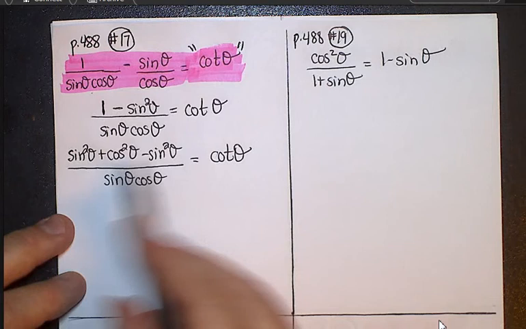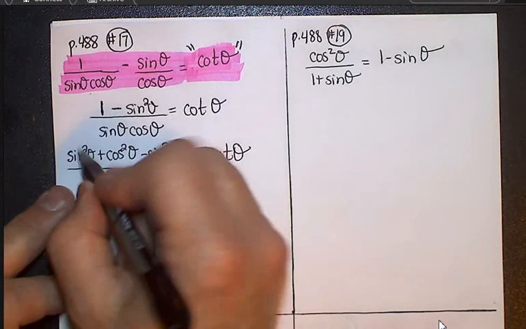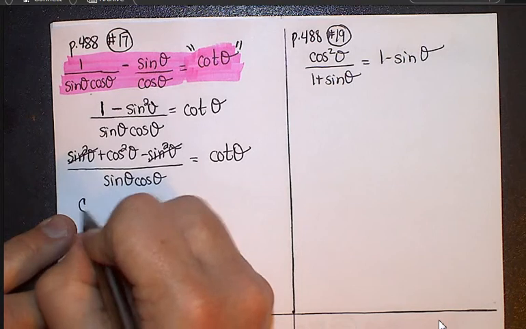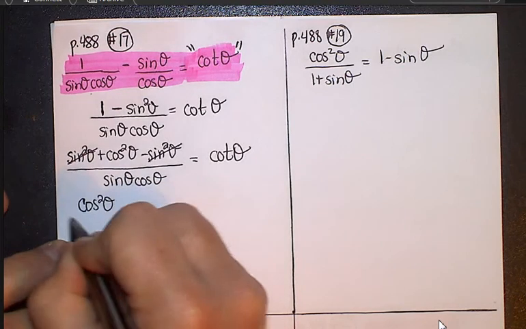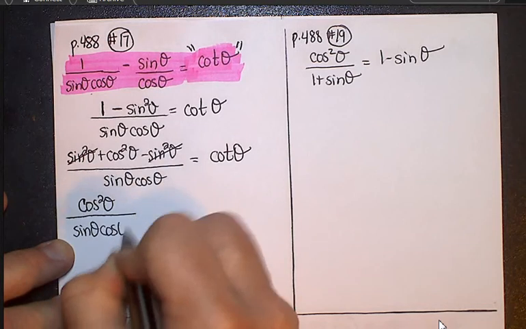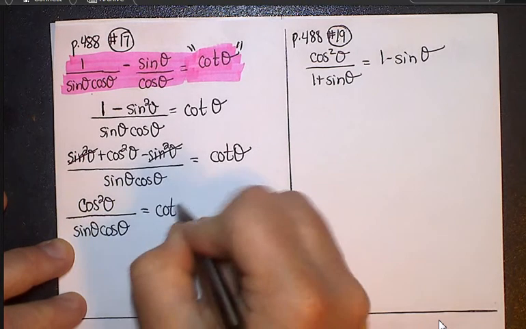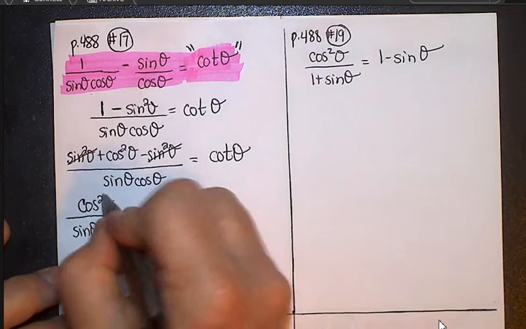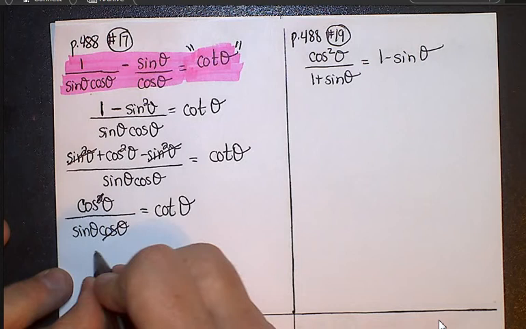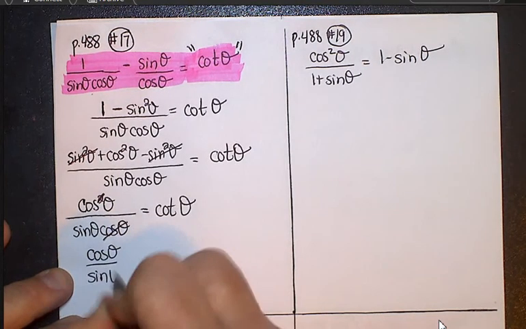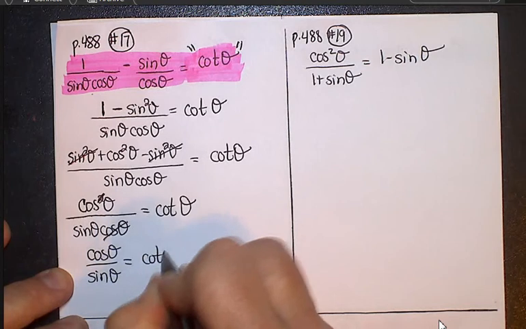When I take a look at what's happening up top, I have the 2 sine squareds that will go away, and now that's leaving me with cosine squared theta divided by sine theta cosine theta, and that's supposed to equal cotangent of theta. And simplifying again, those 2 will cancel, leaving me with cosine theta over sine theta, and that's supposed to equal cotangent of theta.